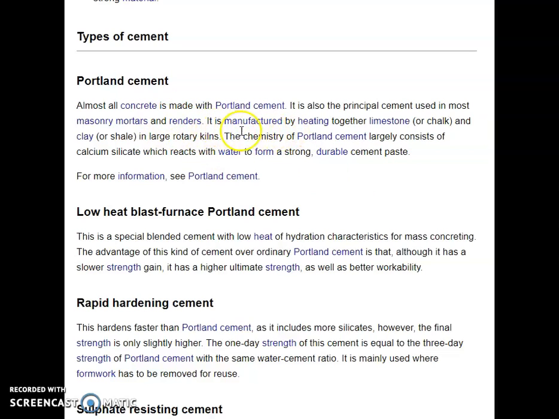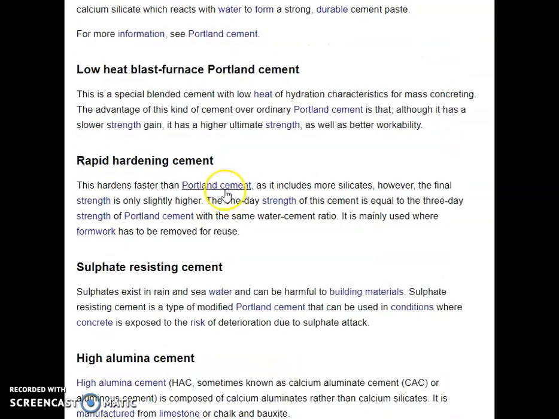It is manufactured by heating together limestone or chalk and clay or shale in large rotary kilns. Chemistry of Portland cement largely consists of calcium silicates which react with water to form a strong and durable cement paste.